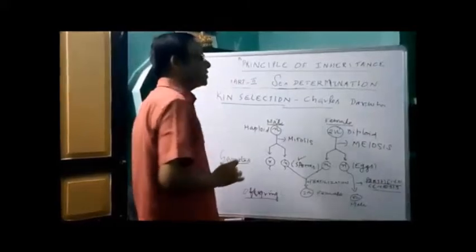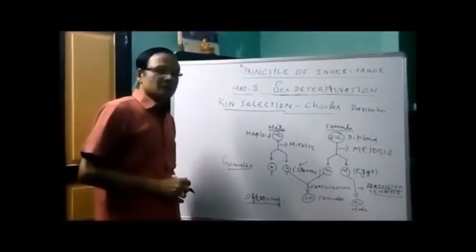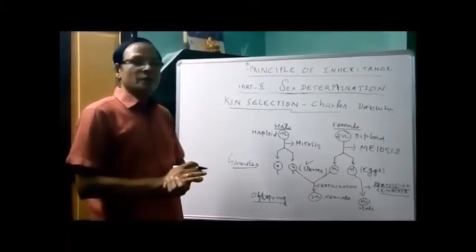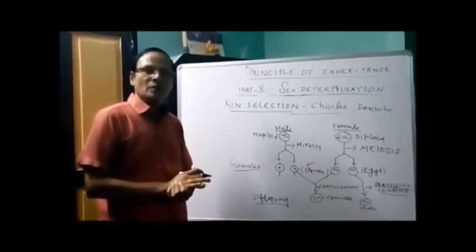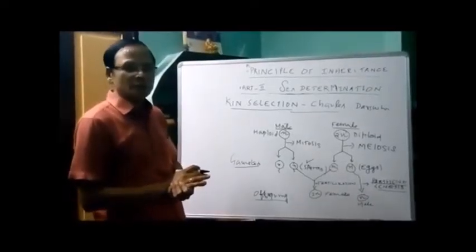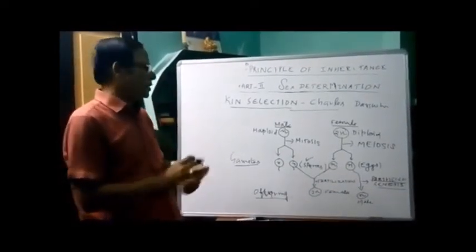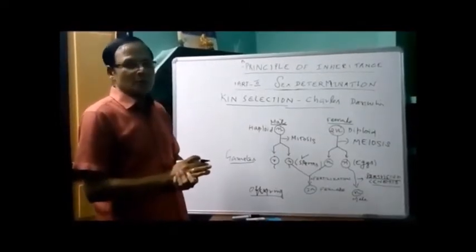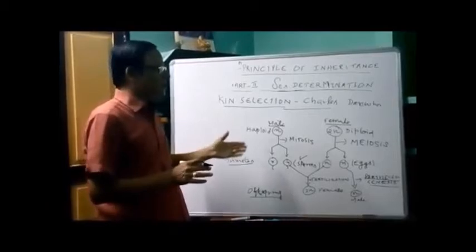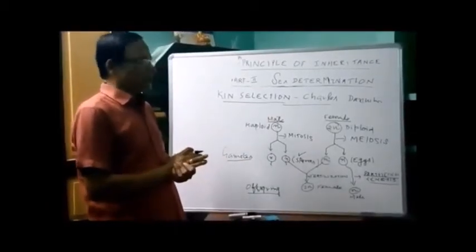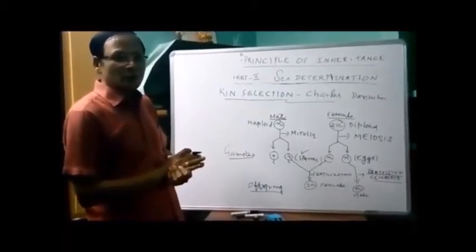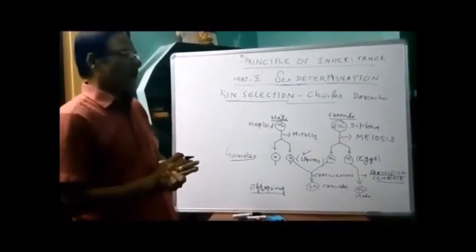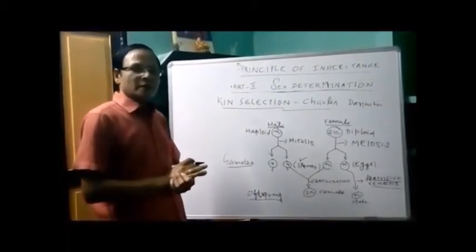So it is an evolutionary strategy. Kin selection is an evolutionary strategy in which one organism favors the reproductive success of its relatives, that means its own species, even at the expense of its own survival and reproduction.